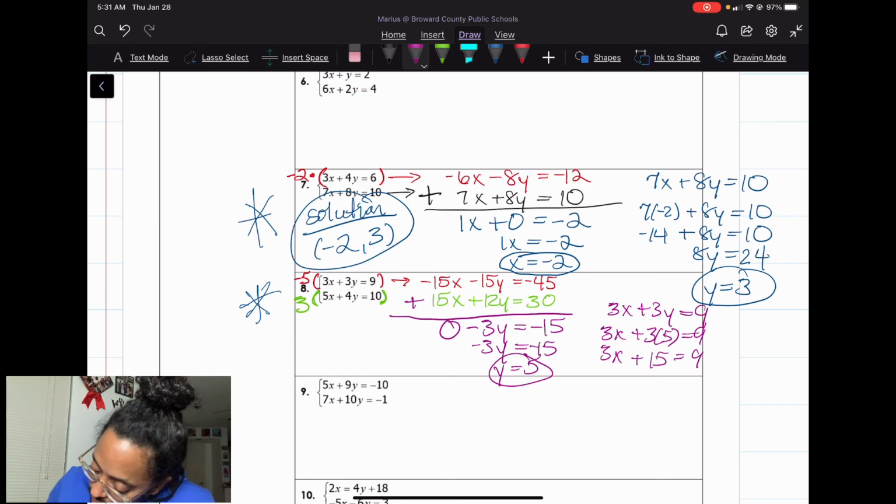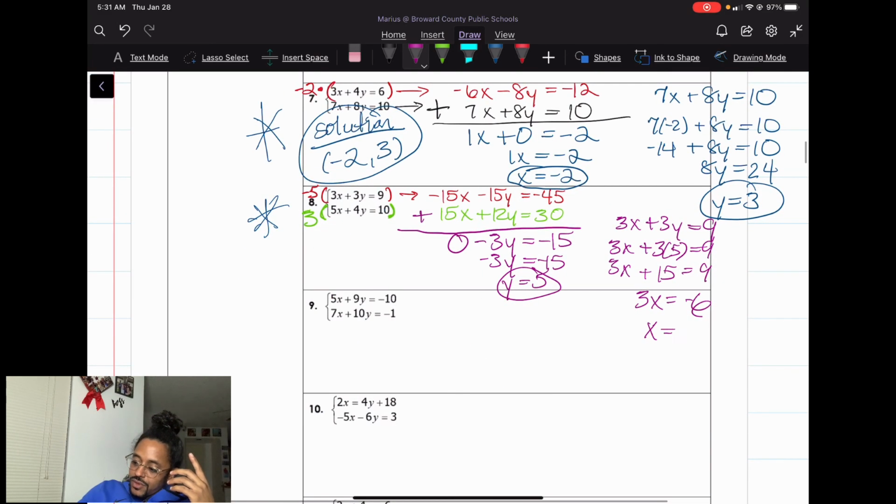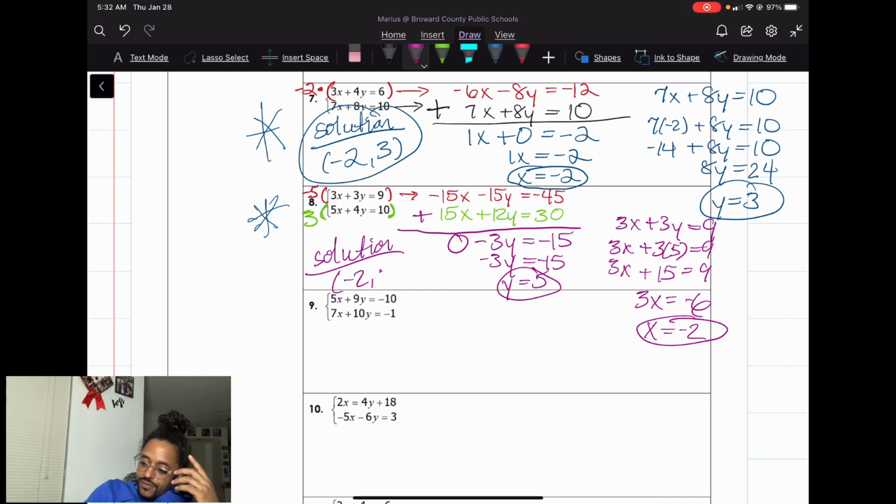We subtract 15 from both sides. That becomes 3x equals negative 6, and when we divide both sides by positive 3, x equals negative 2. So for number 8, our solution here is negative 2, positive 5.